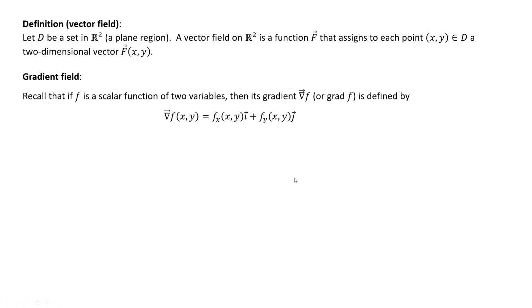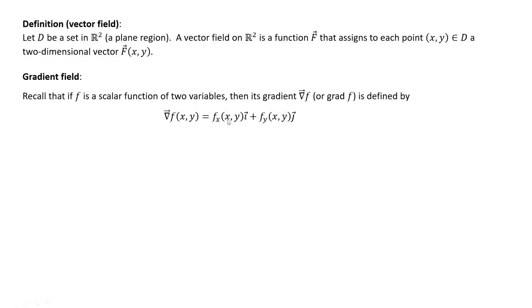Now, what has that got to do with this? Take a look at this. Does that look like a vector field? What is a vector field? Oh, a vector field on R2 is a function F that assigns to each point. Isn't that what's happening?